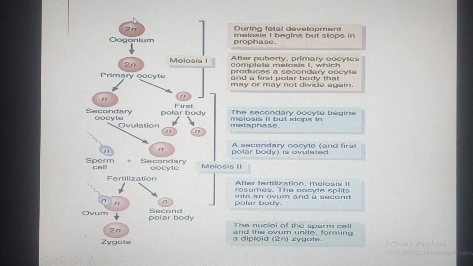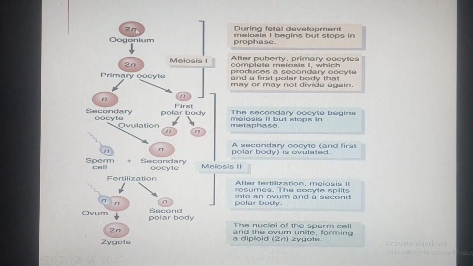But one thing you have to remember is that the oogonium is not going to have any supporting cells. The primary oocyte as well as the secondary oocyte will be surrounded by what we call follicular cells, but the oogonium, which is the one that undergoes mitotic division, is devoid of follicular cells. That's the epithelial lining which will cover it.